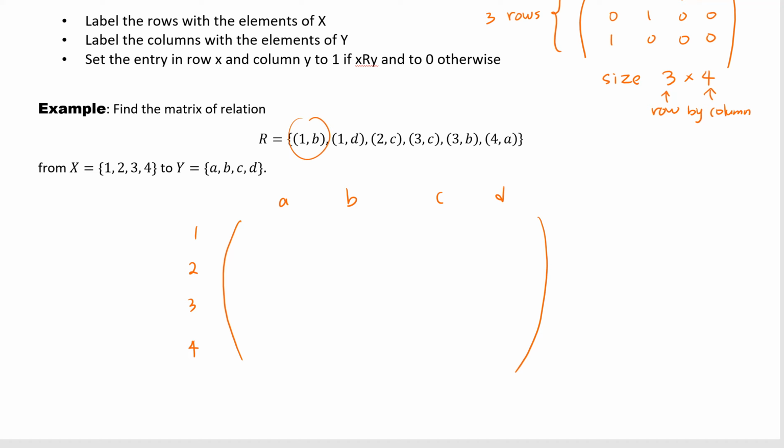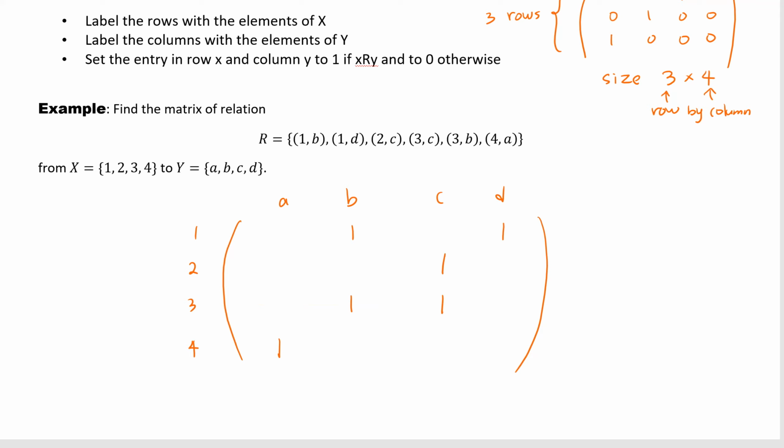And then let's look at our relation. 1b: first row 1, and then b, so this is 1. Next one, 1d: 1 here, d right here. 2c: 2 here, c here. 3c is right here, and then 3b is here, 4a right here.